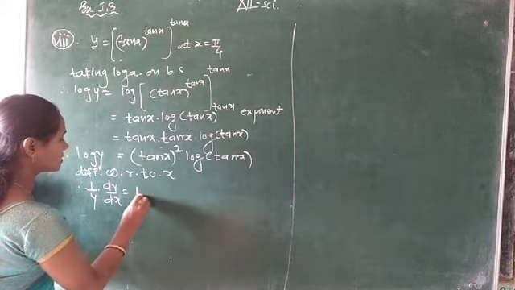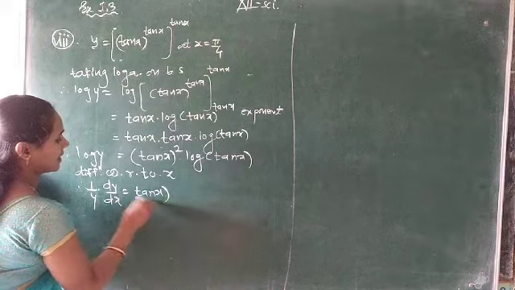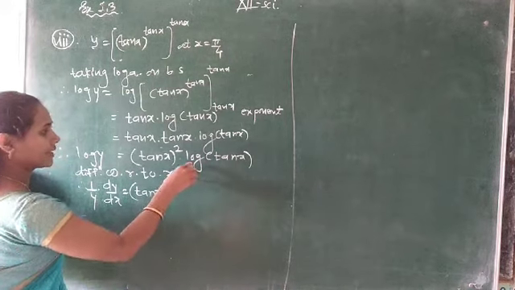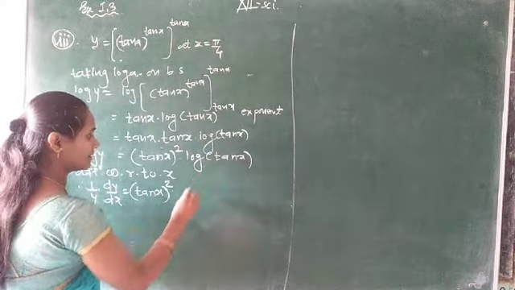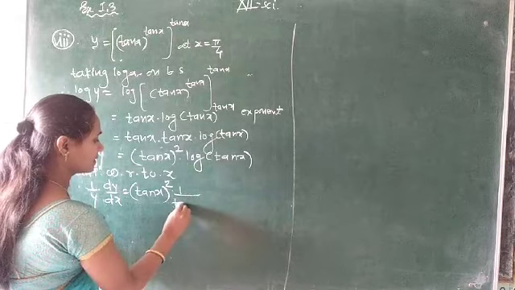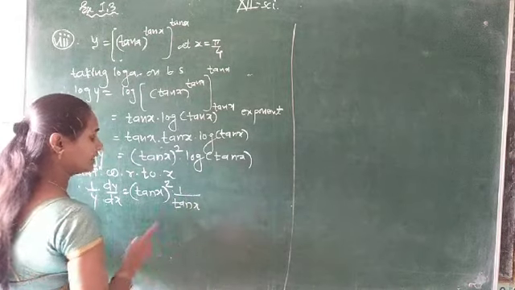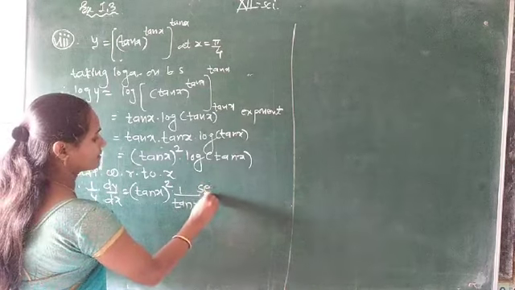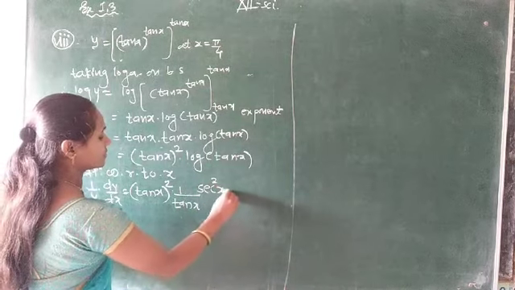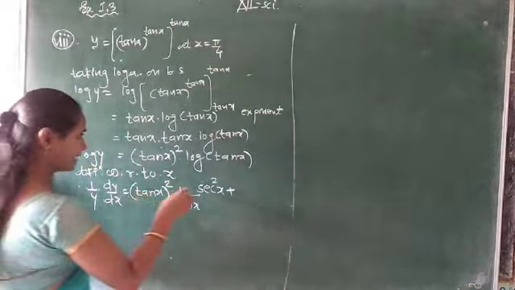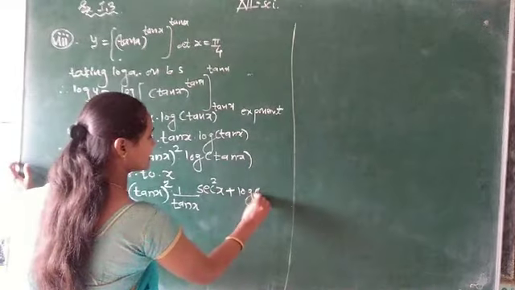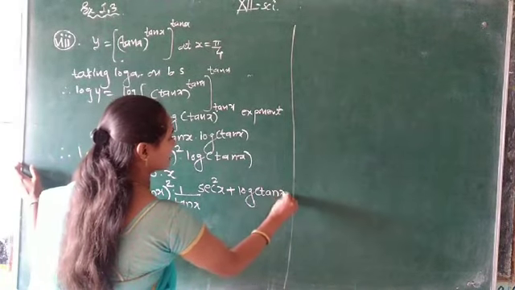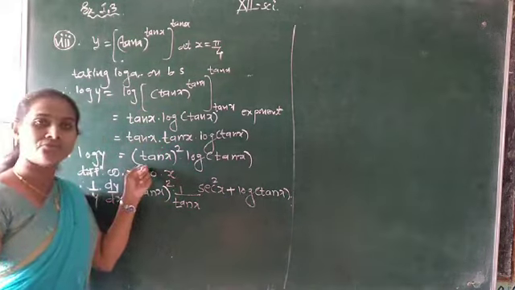So first write the first function as it is, (tan x) square, into the derivative of the second function. What is the derivative of log of tan x? That is 1 upon tan x into the derivative of tan x. This is a composite function, sec square x. Plus, now the second function as it is, log of tan x as it is, into the derivative of the first function.